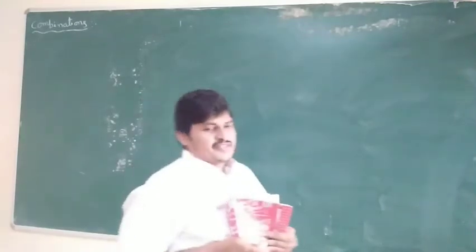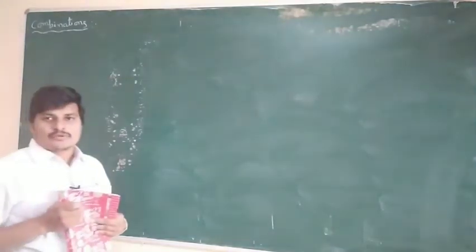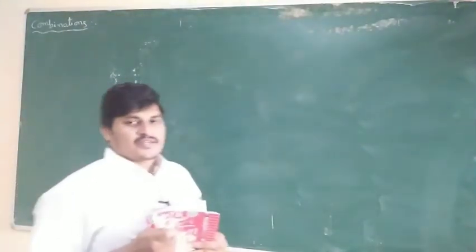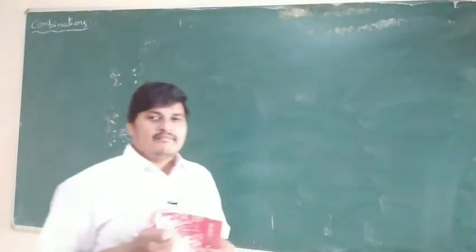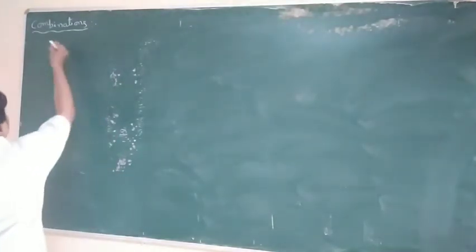Permutation is nothing but arrangements. Combination is nothing but selections. For example, from a total of 50 players, select an 11-member team. How many teams? This is the number of combinations.